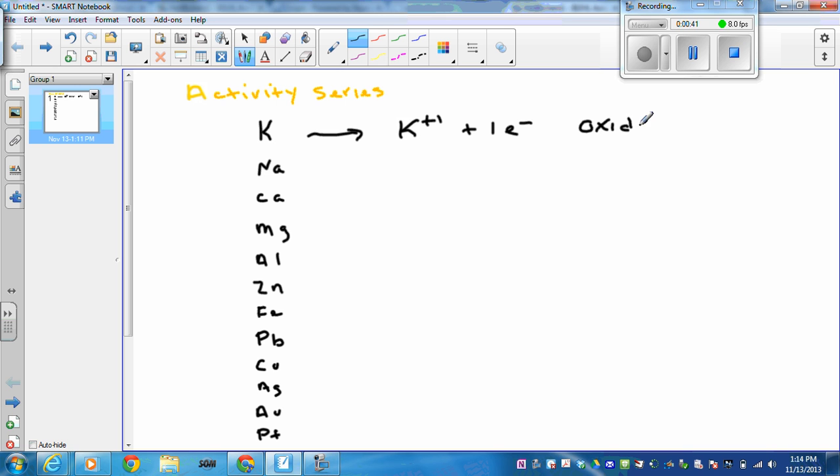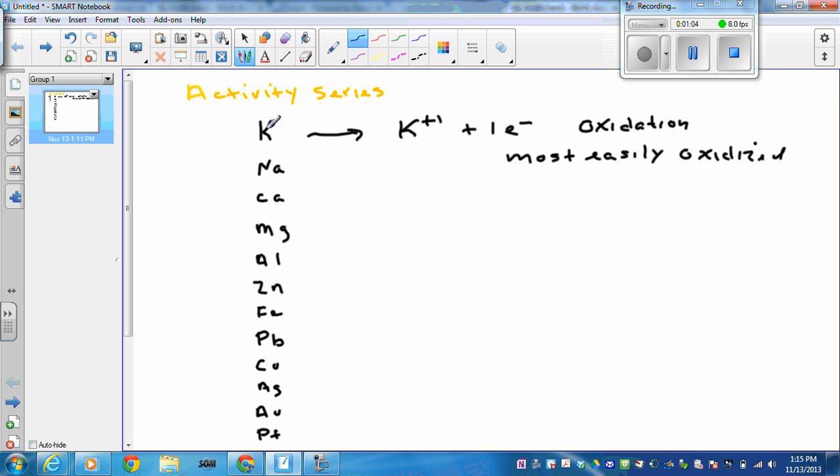So the concept here is that in this series, the ones at the top of the list are most easily oxidized. If we look at some of the members of the elements here, and we think about experiences we've had, that probably makes sense.